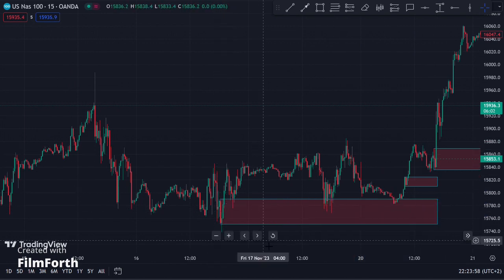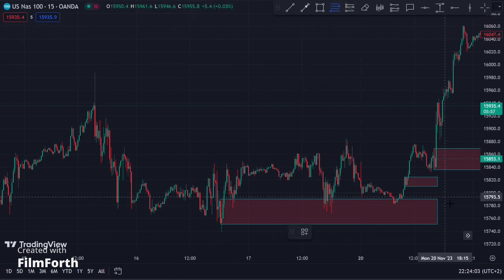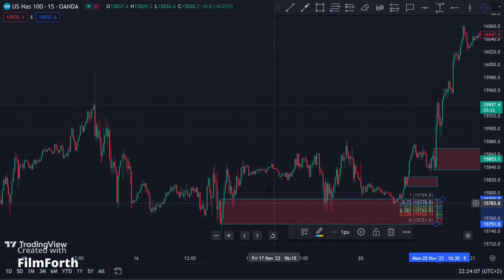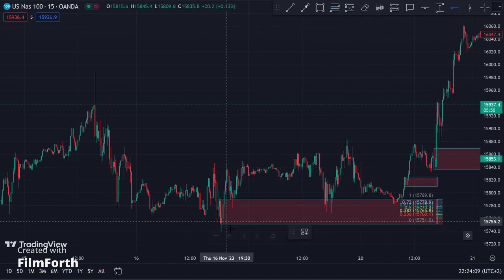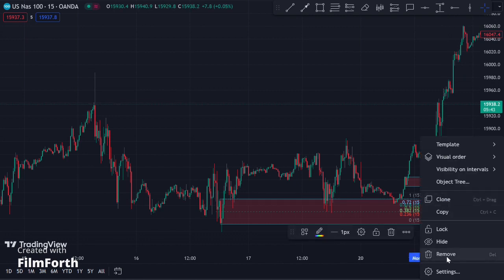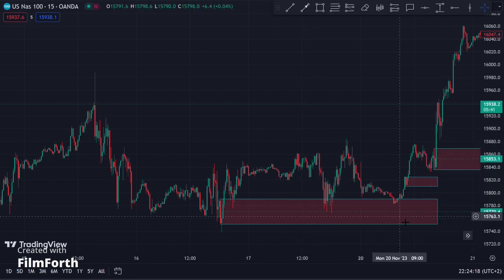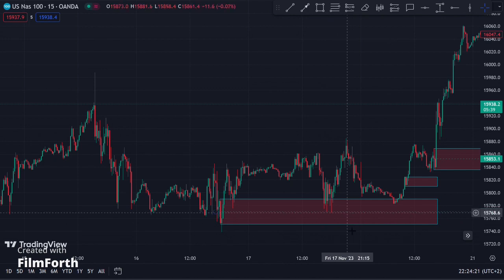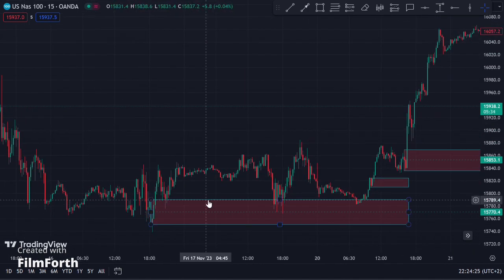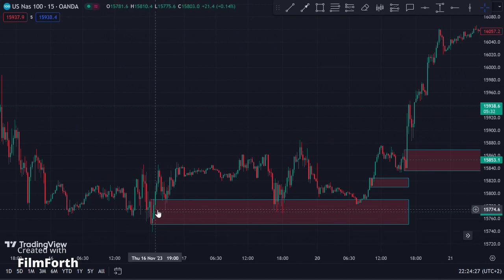And keep in mind, remember I was talking about the mean threshold? Right here, we did not break the mean threshold in this area. Would you look at that? Where's the 50% mark? Right there. So, the mean threshold. Look, we touched the mean threshold. And if you look at it deeper, right here, there's a fair value gap by the mean threshold of the order block.